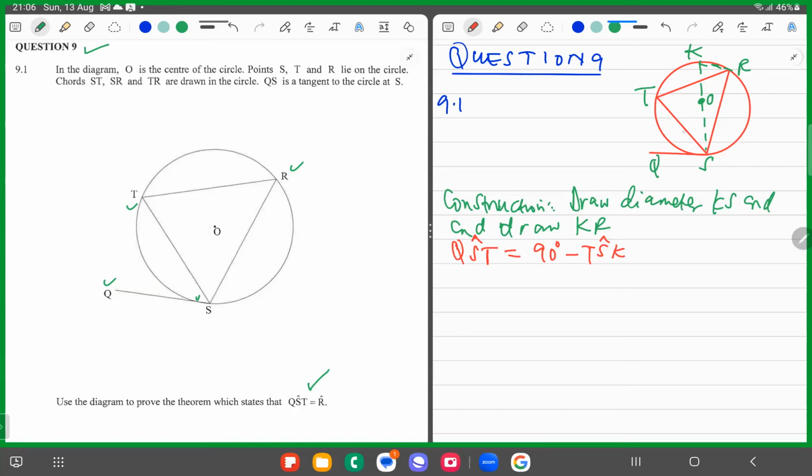This angle is 90 degrees because a tangent is perpendicular to a diameter at the point of contact. In other words, the radius is perpendicular to the tangent.